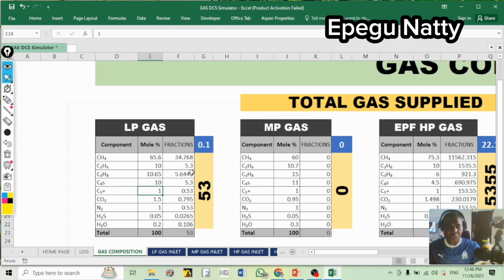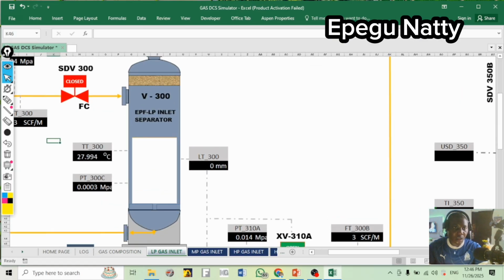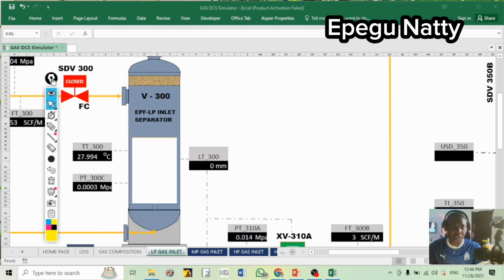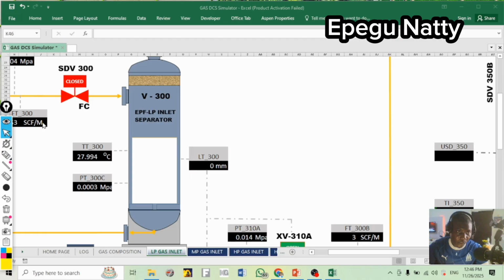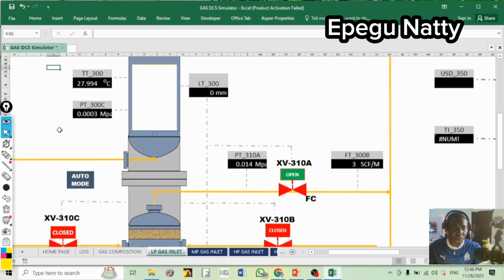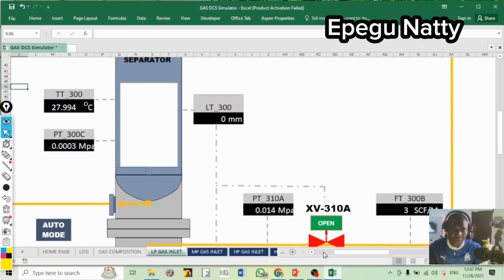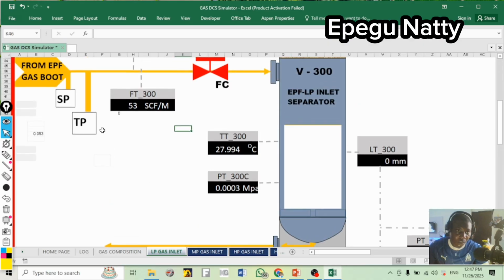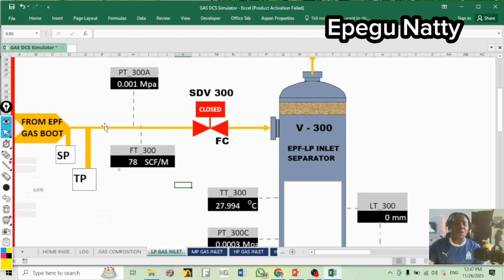Okay, so let me show you. This is our LP. So I'll just put this on so that you see. Okay, so as you can see, the amount of gas entering the inlet separator is increasing, right?